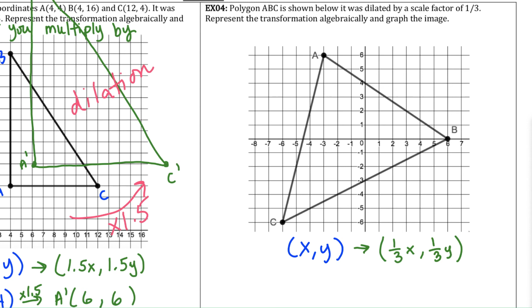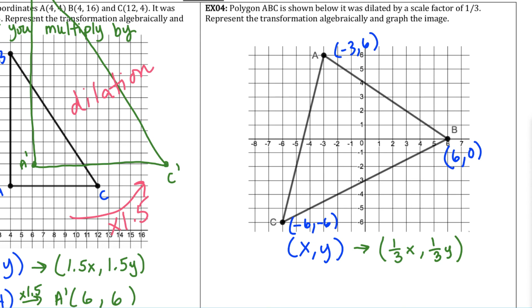Okay, cool. So it doesn't tell us the locations of the vertices of A, B, and C. So let's just go ahead and write those. So this one is -3, 6. This one is 6, 0. And this is -6, -6. Okay.